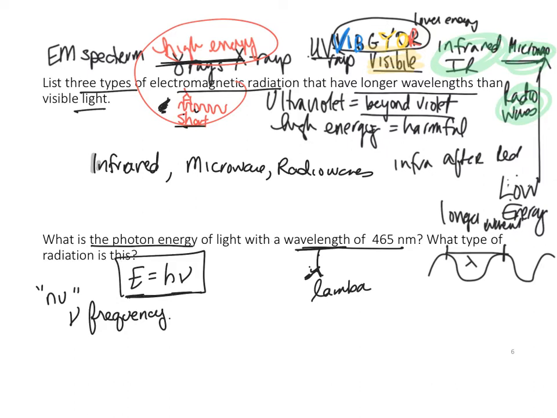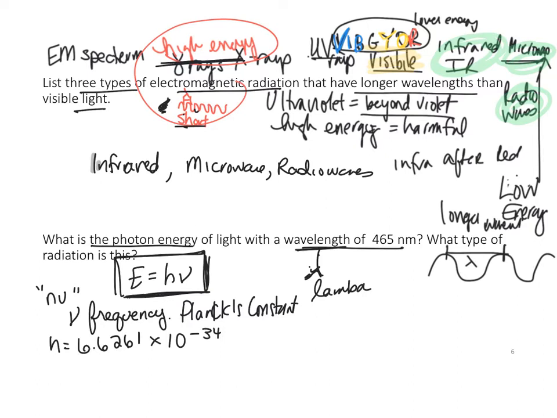Because of this formula, which you have to have memorized, the energy is directly related to the frequency. The good news is this h is called Planck's constant, and you have it on your periodic table. If you look at your periodic table, you'll see h equals 6.6261 times 10 to the negative 34 joules times second.